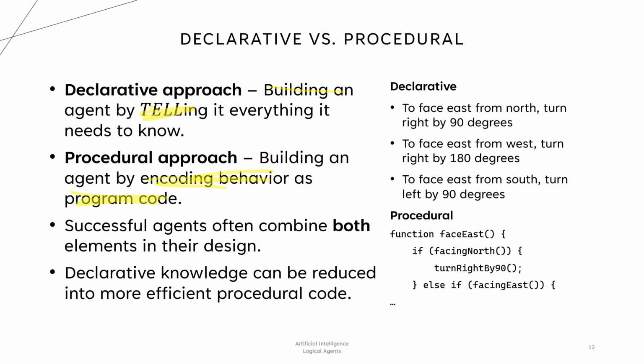So a declarative approach will say, okay, here's all the rules regarding how to face east. If you're looking north, then you can face east by turning to the right by 90 degrees. If you're facing west, you can turn to the east by turning right by 180 degrees, and so on and so forth. Whereas a procedural approach says, oh, okay, you want to face east? Well, let's gather some information about where you're at right now. Let's see, you're facing north.